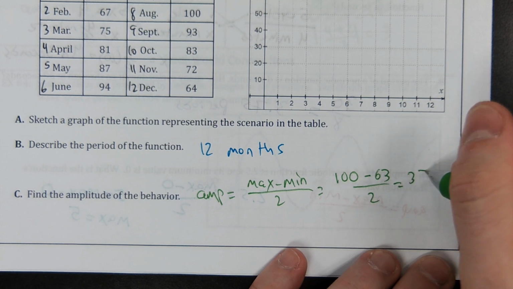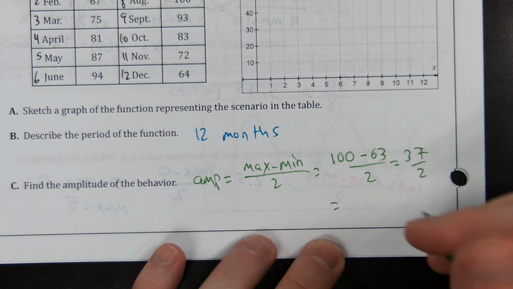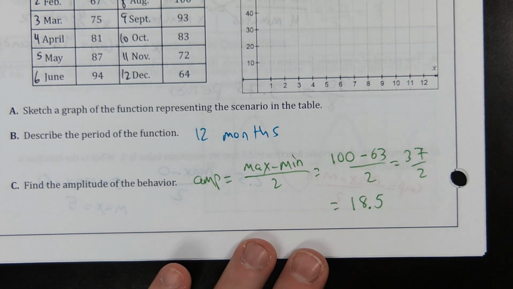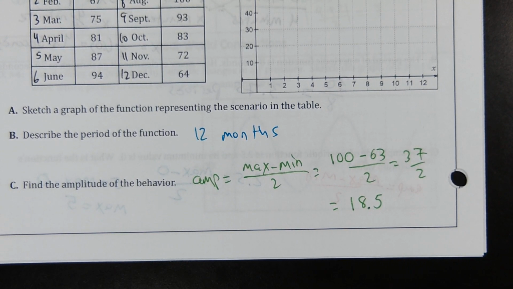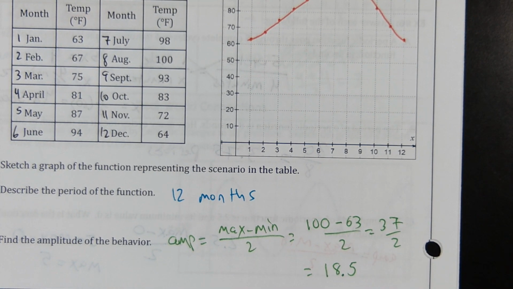So 37 over 2. Amplitude of 18 and a half, 18.5. Is this crazy difficult? Not bad, right? Okay, cool.